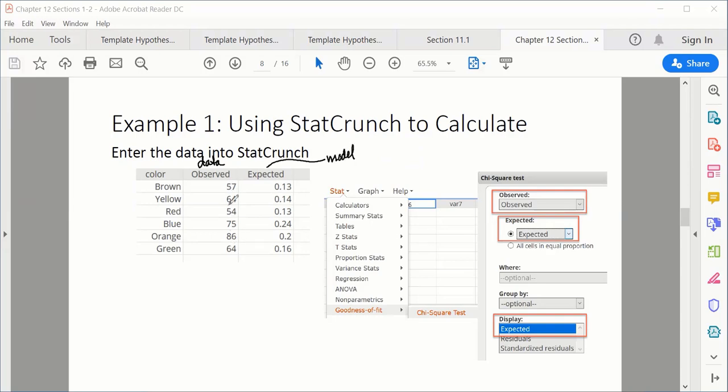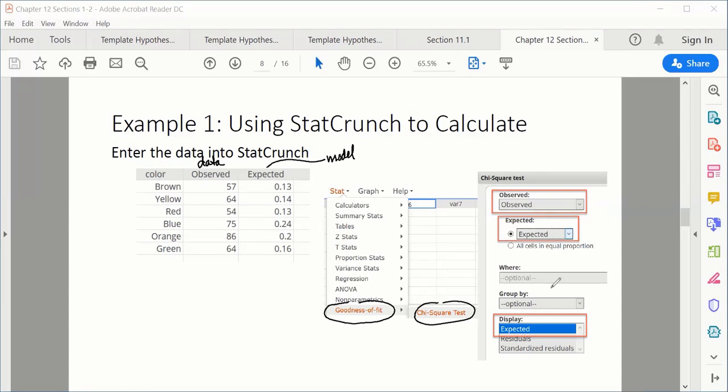So our observed numbers were from the table on the other page, and the expected were from the percents on the other page. I put the colors in to make sure I was putting them in the right row, but you don't have to put a color column, but I decided to do that. Okay? So you need a column with observed and a column with expected, and they line up, the browns together, the blues together, etc. Your next step is to go into StatCrunch and do Stat, Goodness of Fit, Chi-square test.